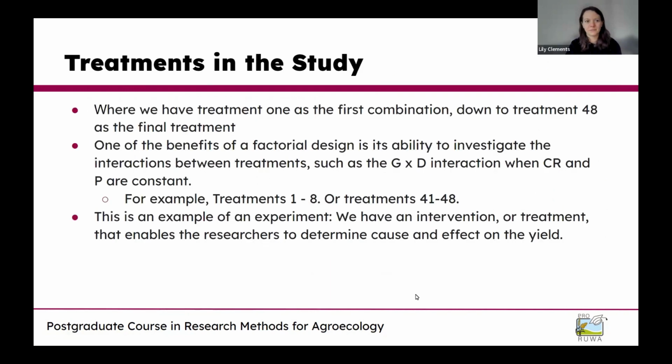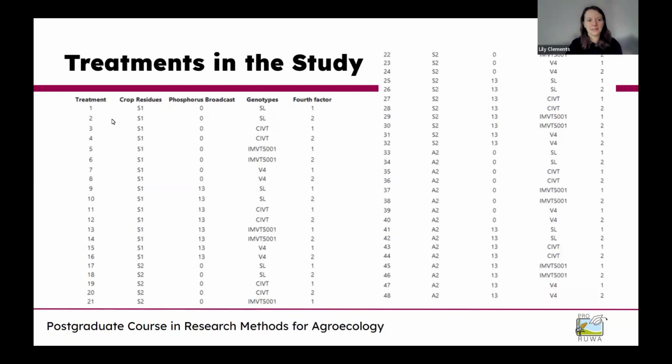One of the benefits of a factorial design is its ability to investigate the interactions between treatments. So, for example, let's look at treatments 1 to 8. In treatments 1 to 8, crop residue and phosphorus broadcast are constant, right? They do not change.